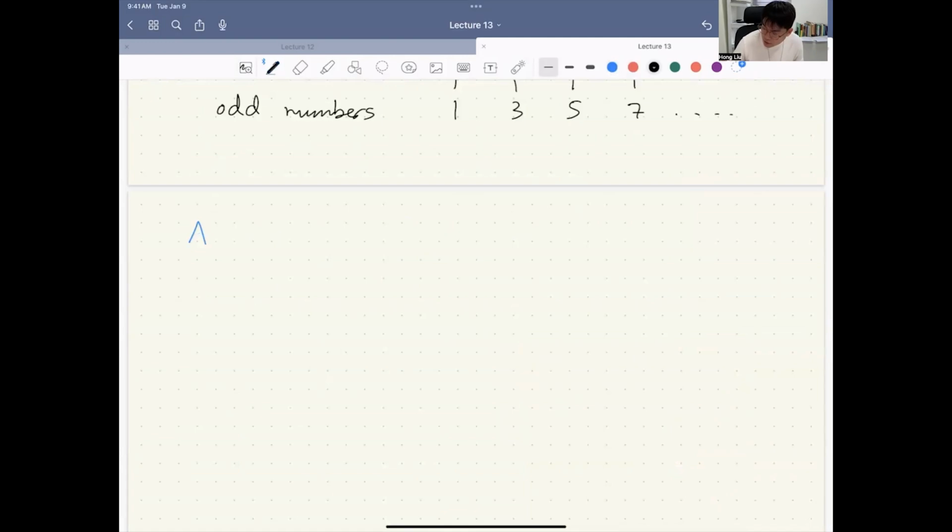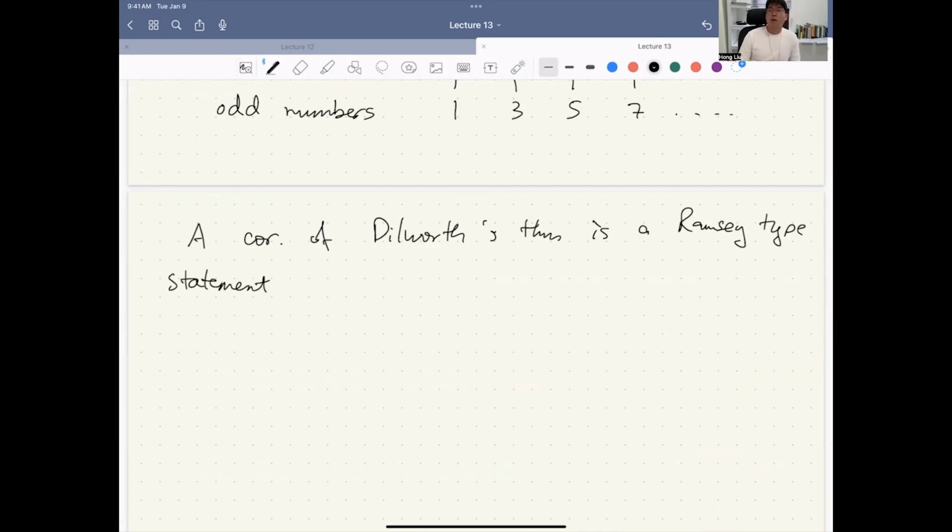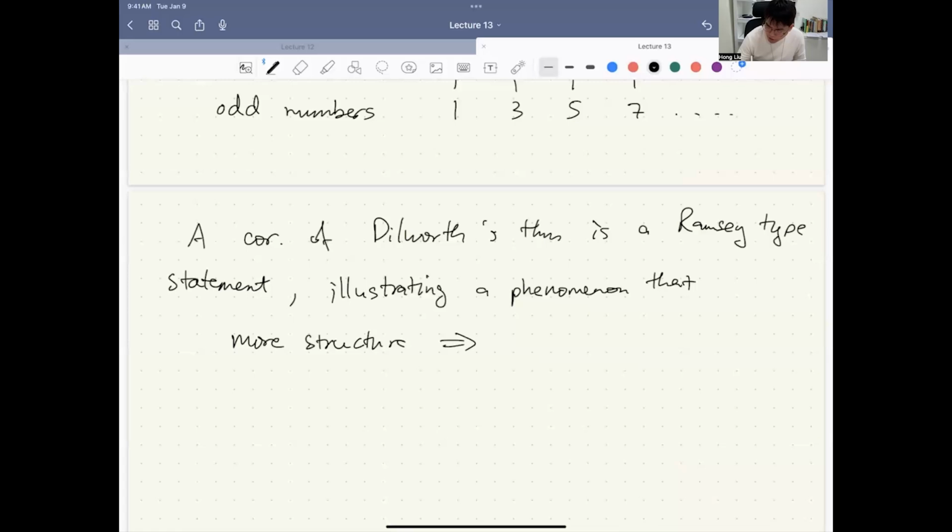A corollary of Dilworth's theorem is a Ramsey type statement, illustrating a phenomenon that more structure implies a better quantitative Ramsey statement.